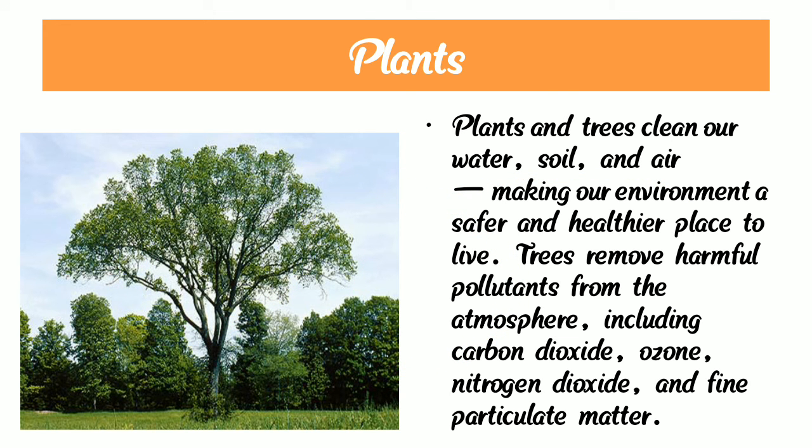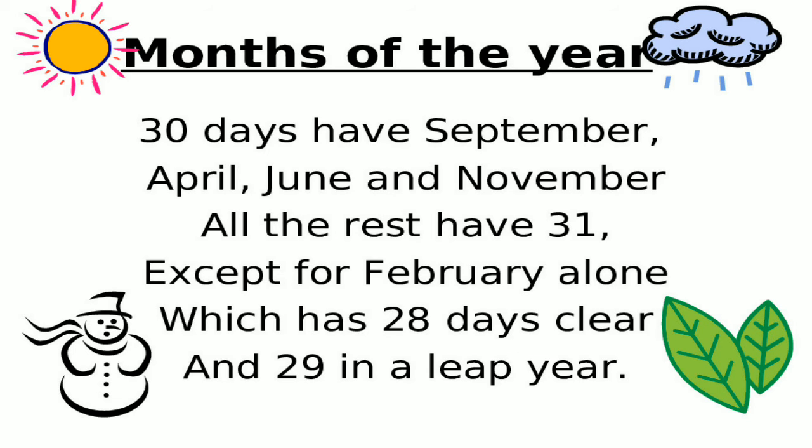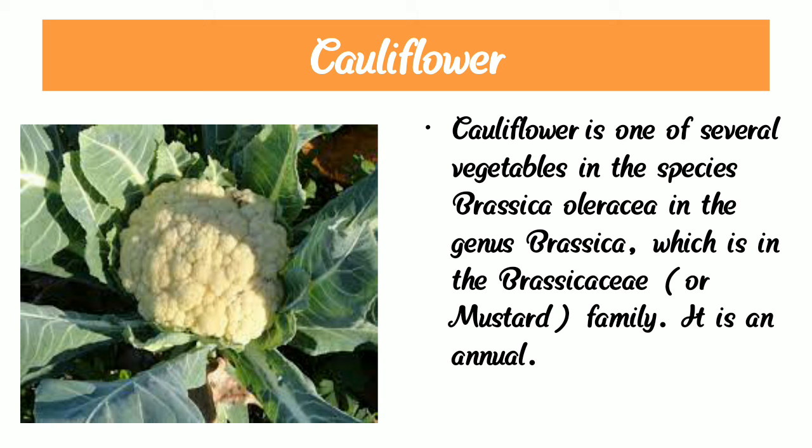Plants are most important, and we cannot live without plants because they give us oxygen. And then we learned that in a leap year February has 29 days. Then cauliflower. What is cauliflower? Cauliflower is one kind of vegetable.